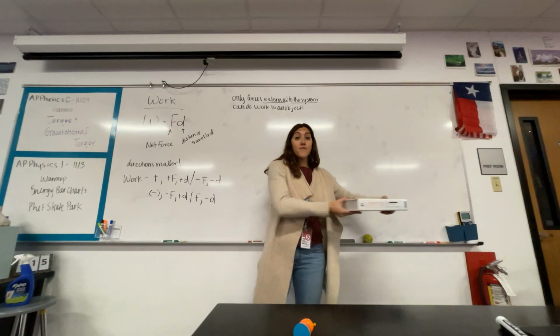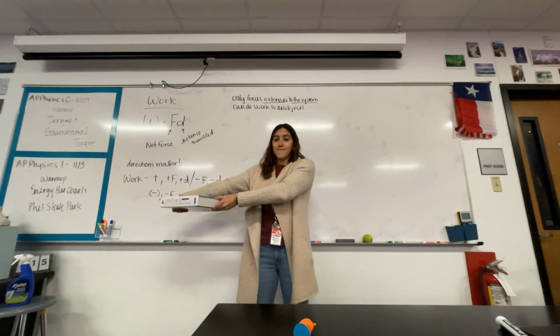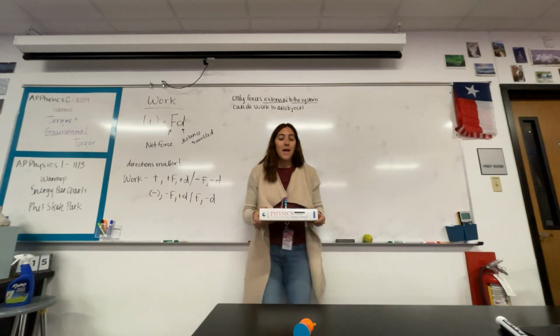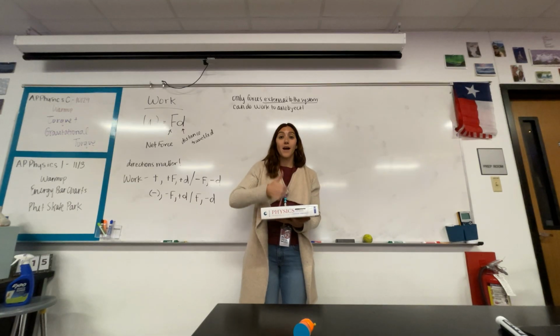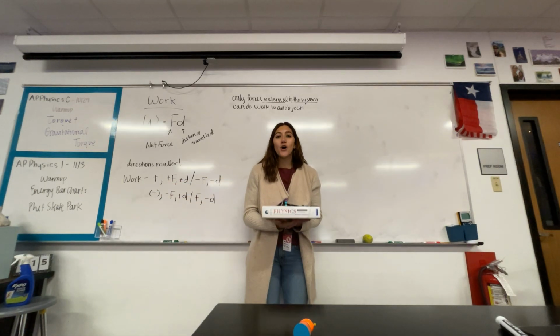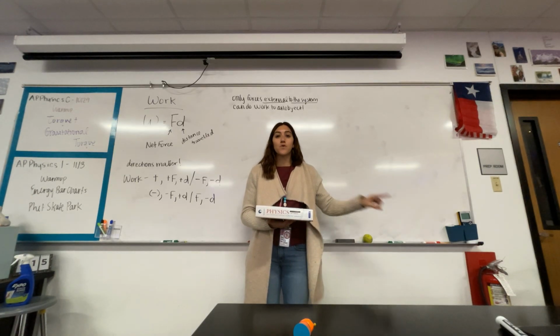Now, if I move the book from over here to over here, I have done no work to the book because the force I'm applying to the book is the normal force, pointing up, and the distance it just moved was horizontal. So I did no work to the book because the force was perpendicular to the direction traveled.